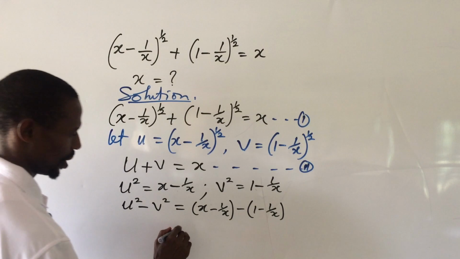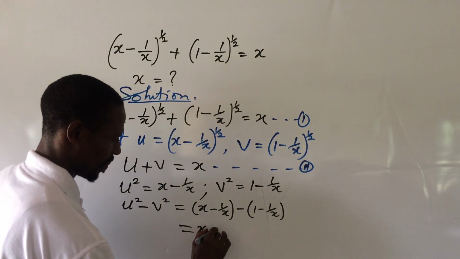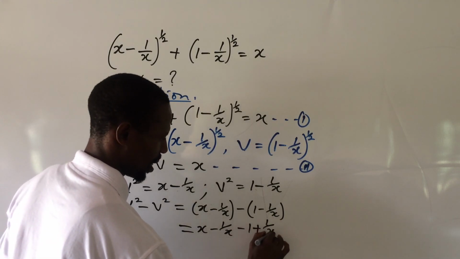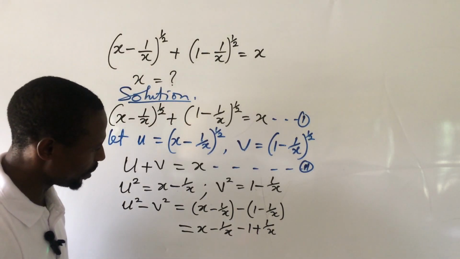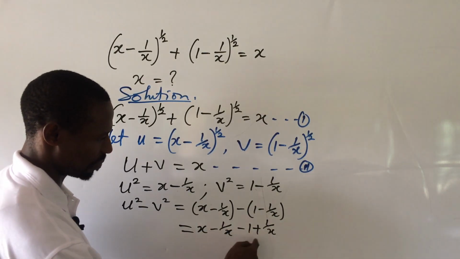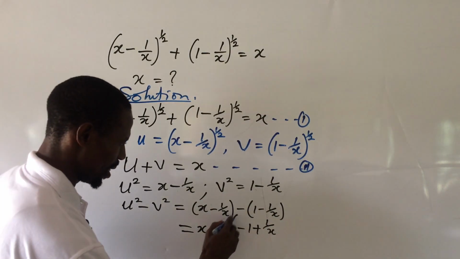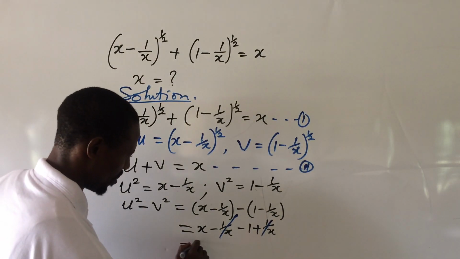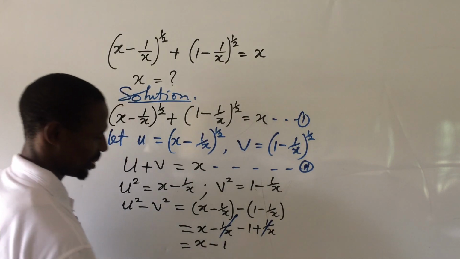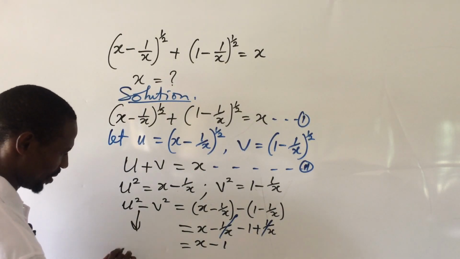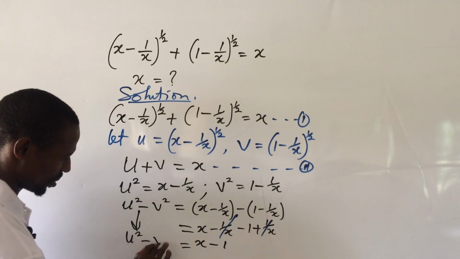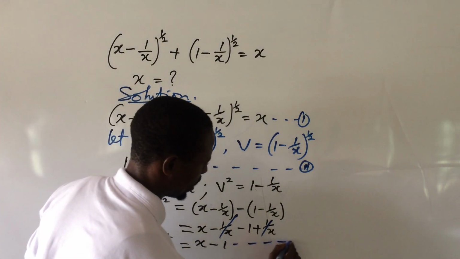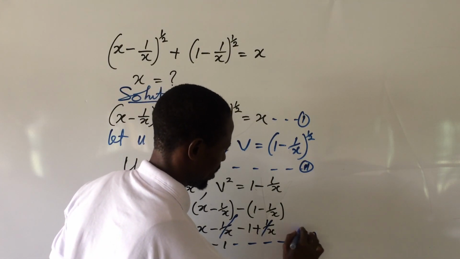Opening up, we have x minus 1 all over x minus 1 plus 1 all over x. The minus 1 all over x and plus 1 all over x cancel, and we are left with x minus 1. So u squared minus v squared equals x minus 1. Let's give this equation 3.